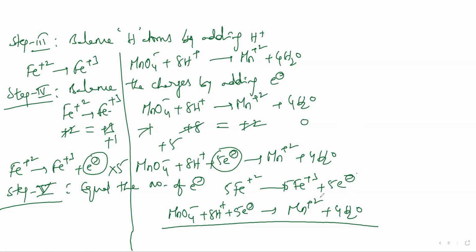Add both half reactions. 5 electrons get cancelled. Then there is nothing else to cancel. Now write the final equation. Just add.